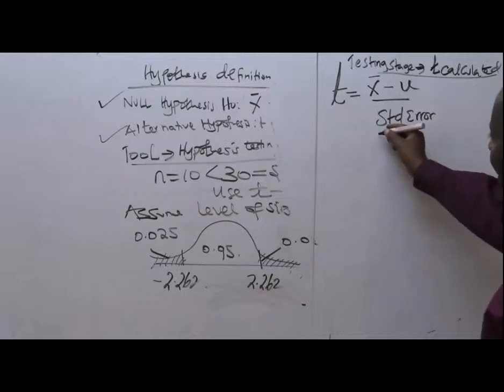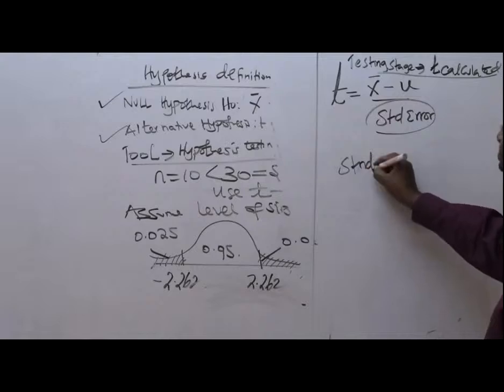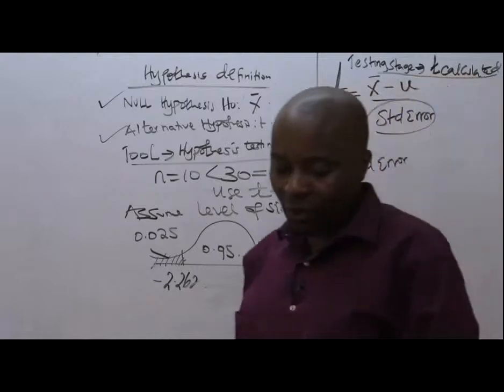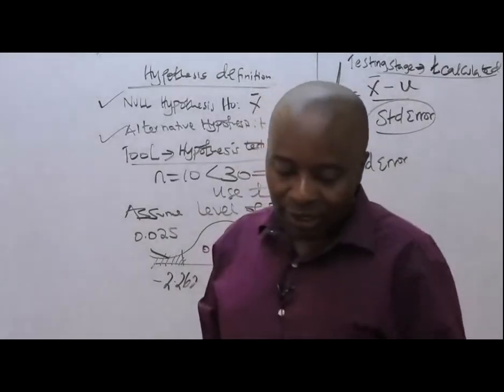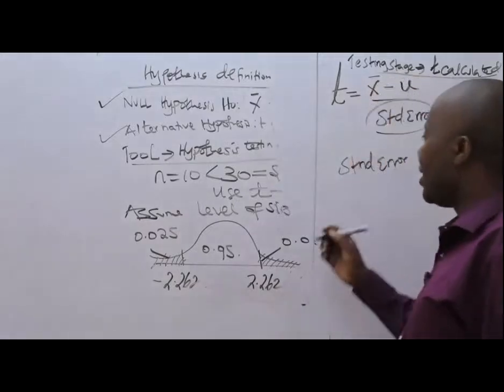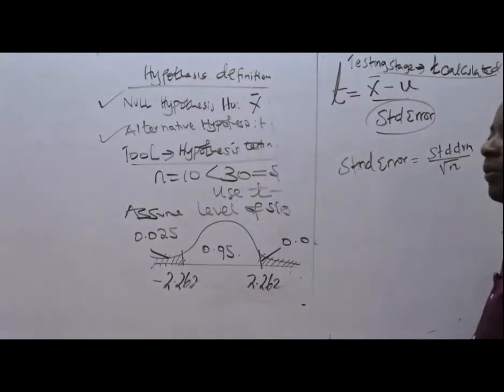Now, how do we get this standard error? To get the standard error, we normally take the standard deviation given over root n, the square root of n.